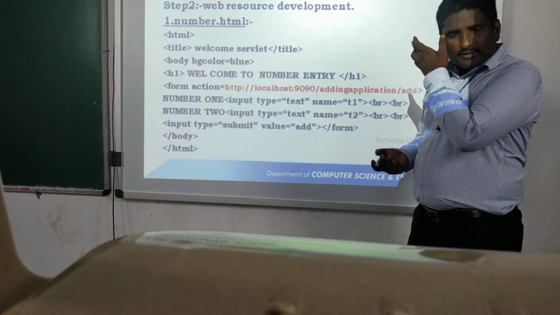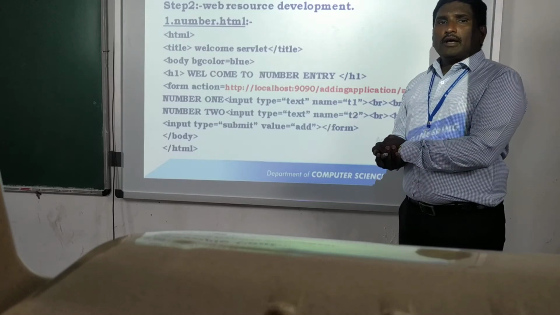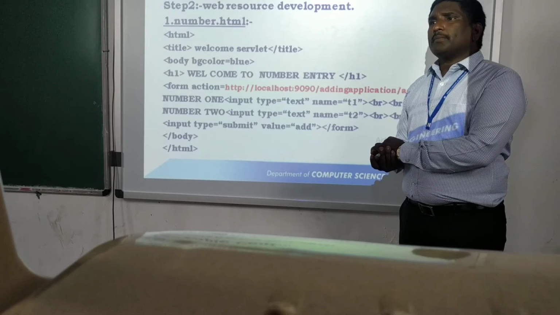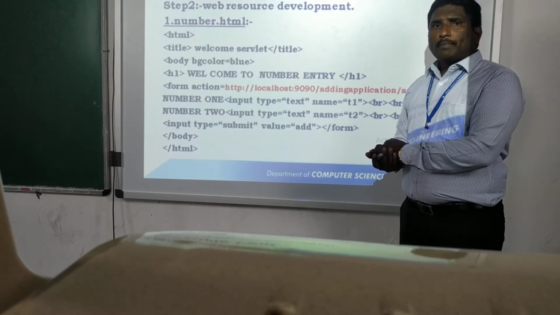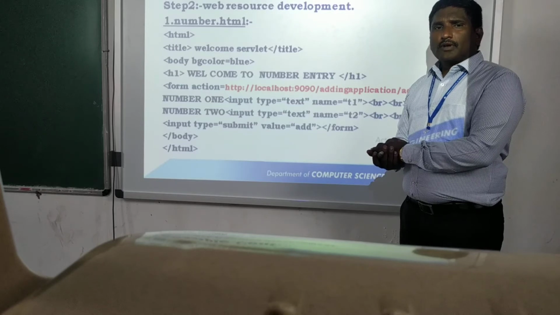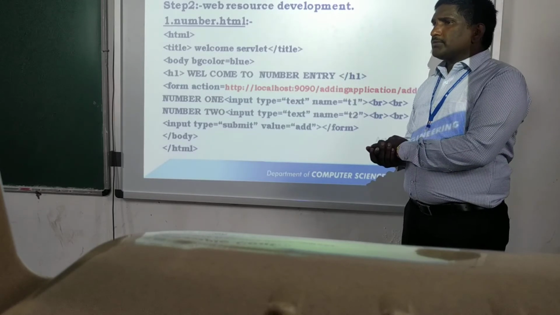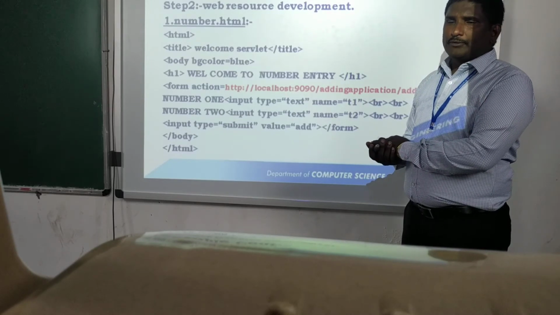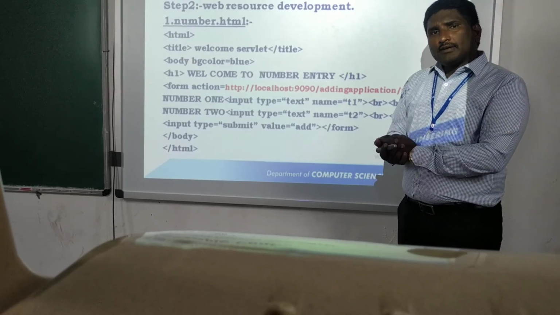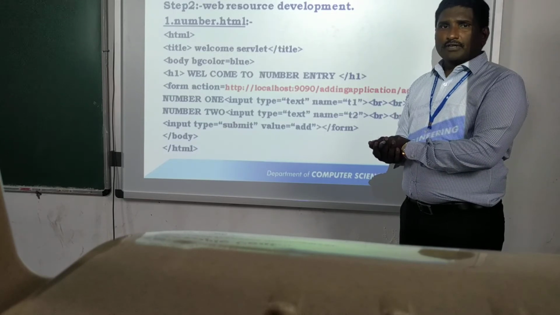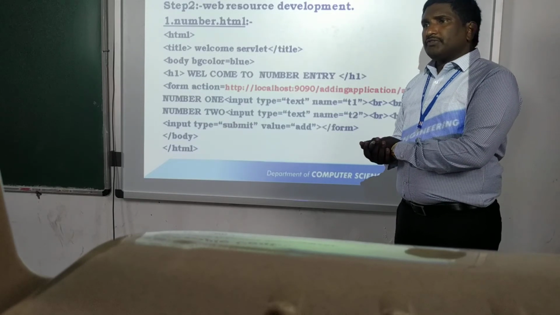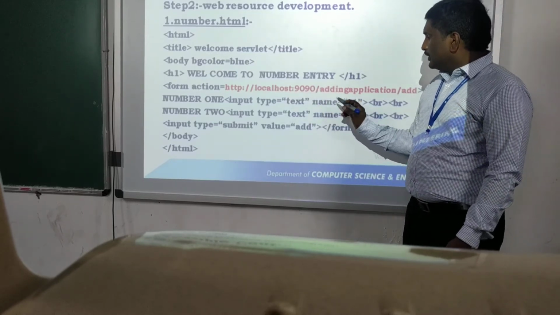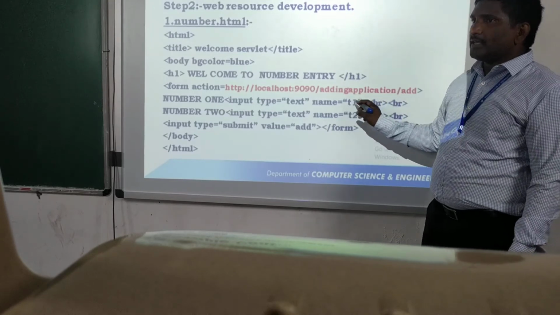The cause of changing the port number is that Sun Microsystems was taken over by Oracle Corporation. Oracle uses the 8080 port for Oracle software. So as a developer we are using the Java environment as well as the Apache Tomcat server environment as well as JDBC, so we need to change the port number to any port number. I changed it to 9090. Adding application is the root directory name we have written.